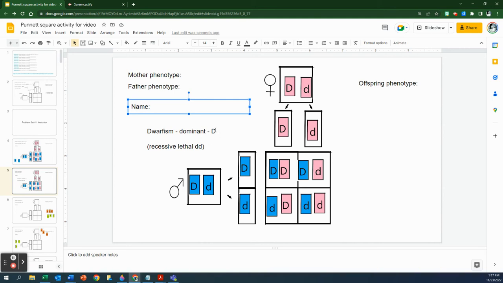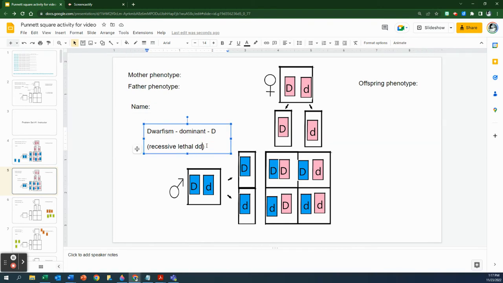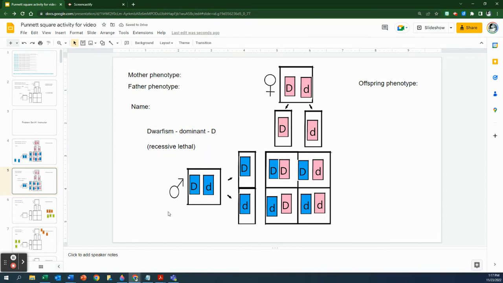So if you have one big D, then you actually have dwarfism. And actually, we can't say little d, little d. It's recessive lethal. Yeah, that was the wrong explanation right here.